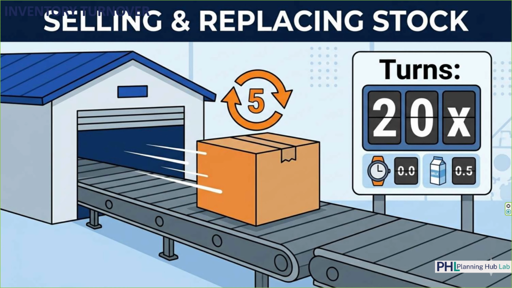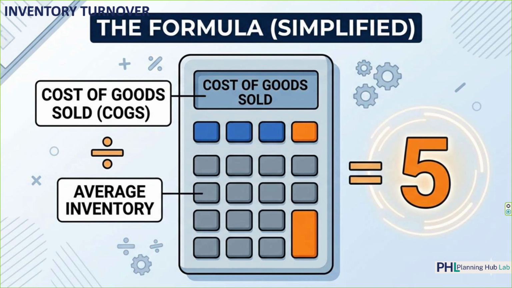So how do you find your number? It's very straightforward. It requires just two numbers from your financial statement. Cost of goods sold, which we call COGS, divided by average inventory. Both are of course in value. Let's break it down, because a lot of people mess up the top number. You want to use cost of goods sold, not your total revenue.